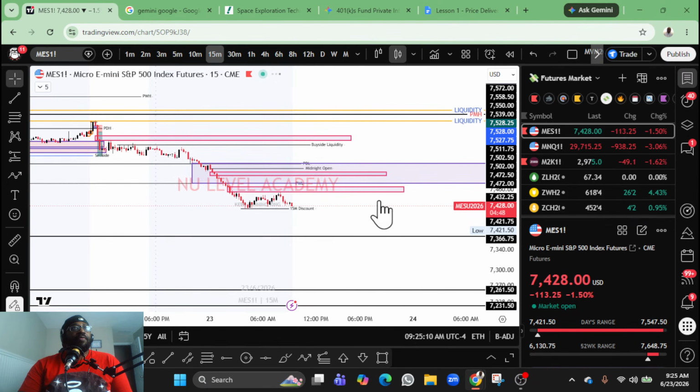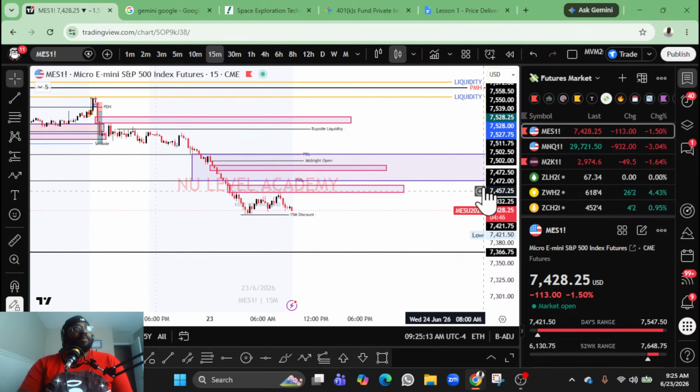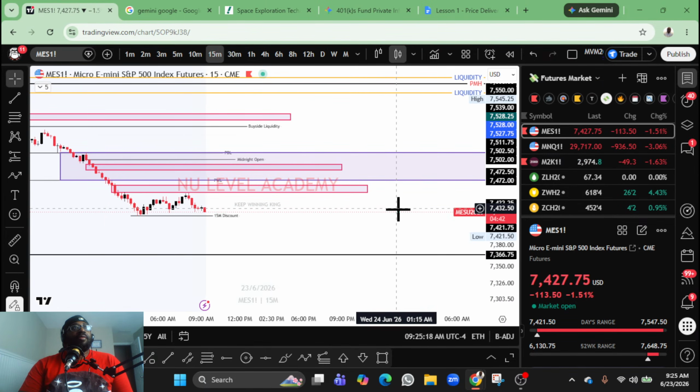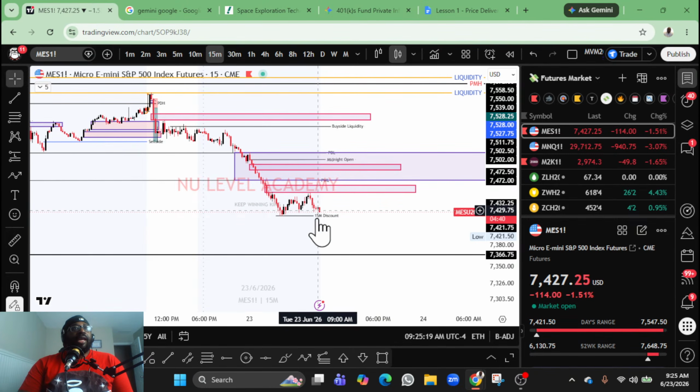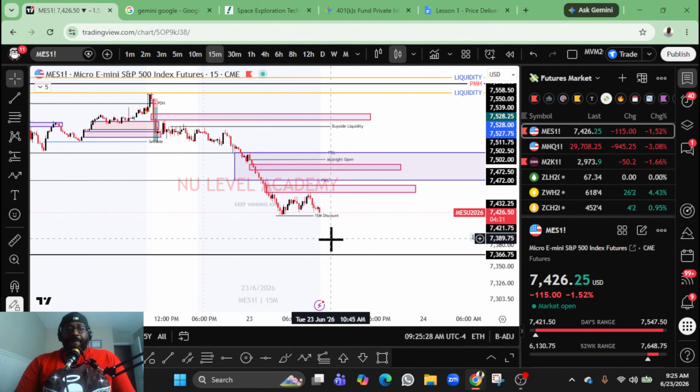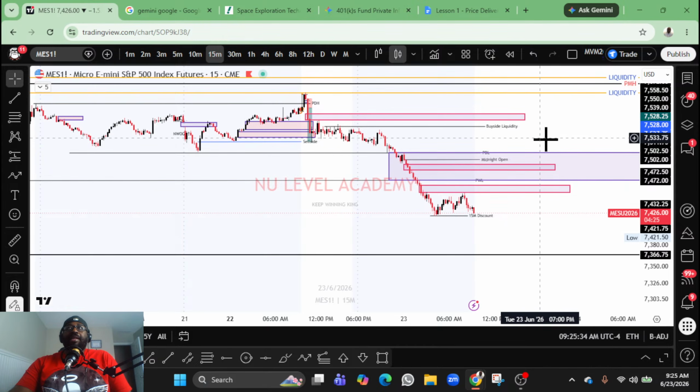We go to the 15-minute, start trading lower, and get this sweep of liquidity that's here at about 73.66. So it's going to be interesting. Today is going to be an interesting day in the markets.